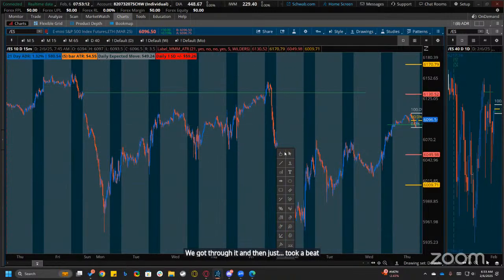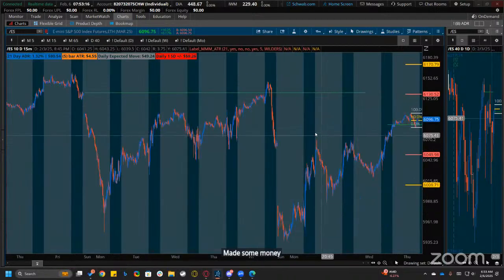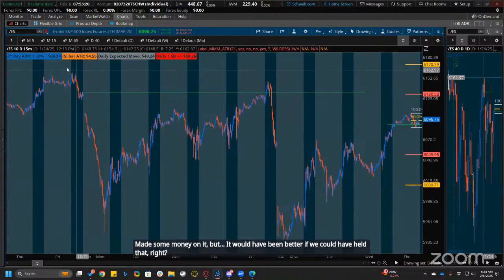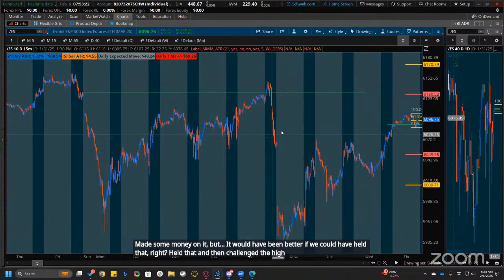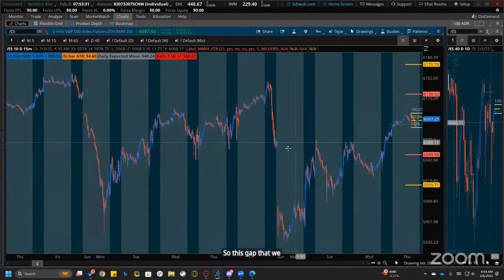That was a lot of fun. Made some money on it, but it would have been better if we could have held that, and then challenged the high of last week, had a good breakout from there, and we didn't get it. So this gap that we've resolved, we're at least doing better than that last one.